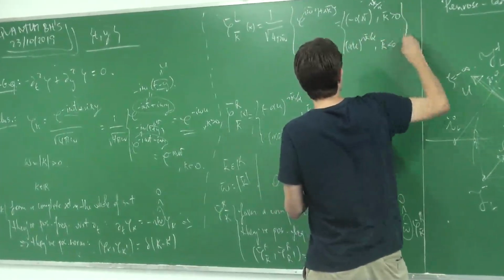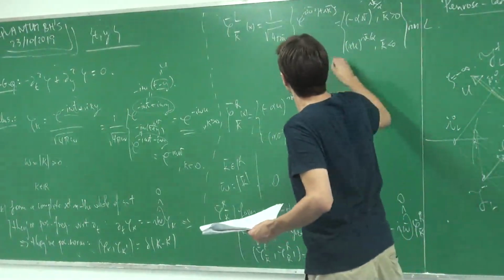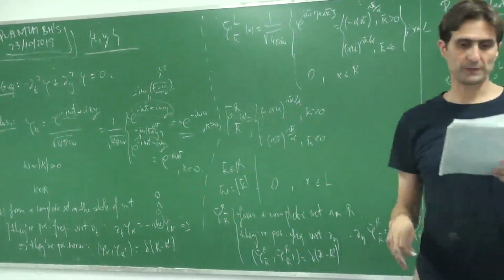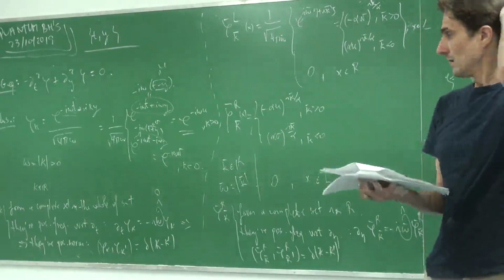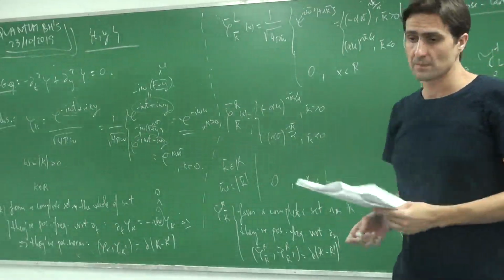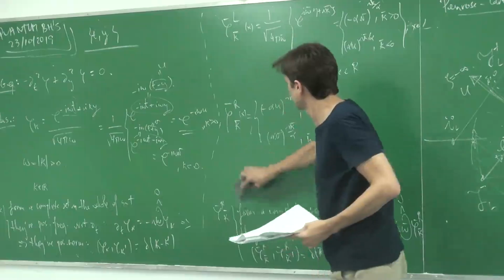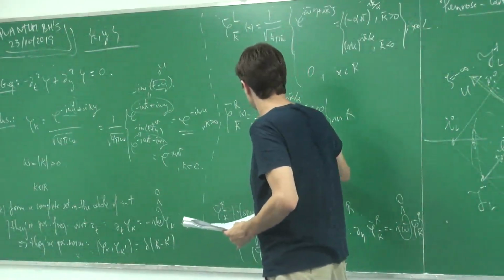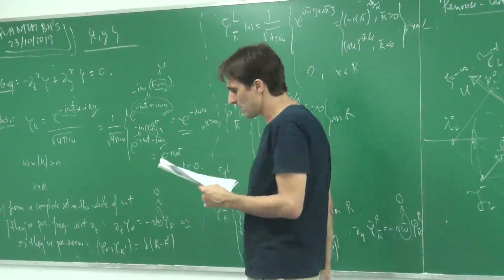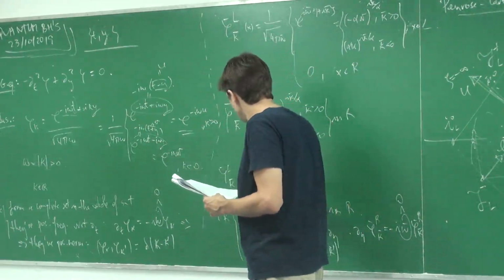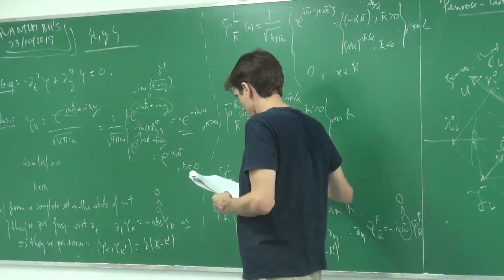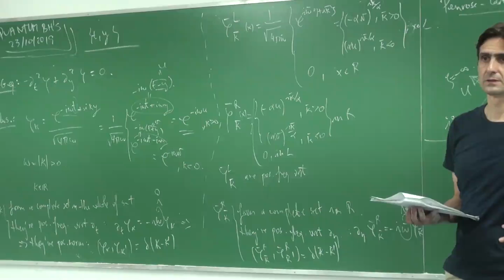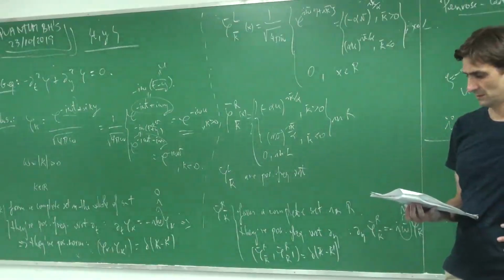So this is in L, and phi bar L k bar are positive frequency with respect to which vector?